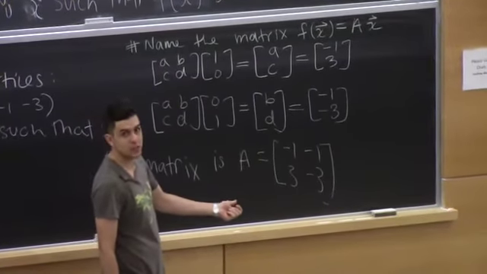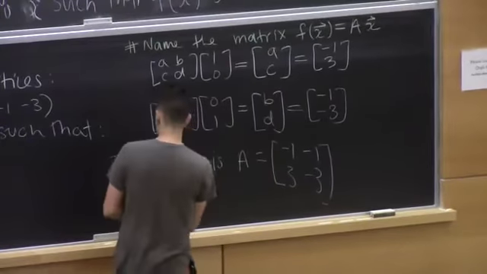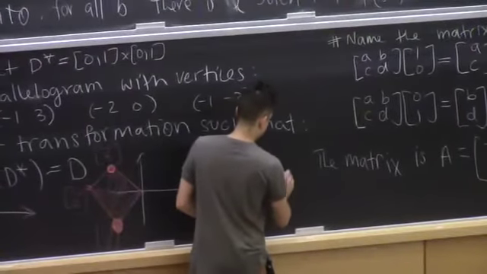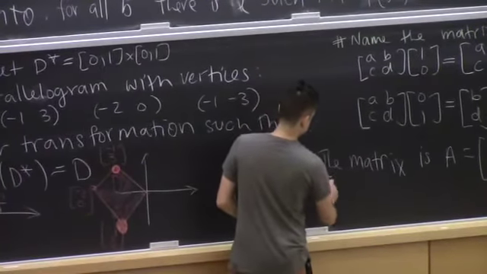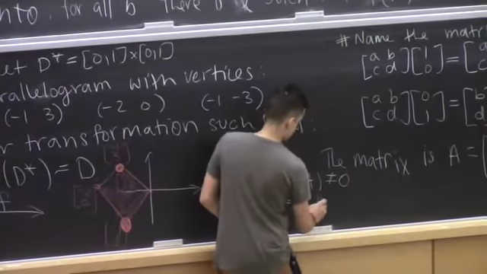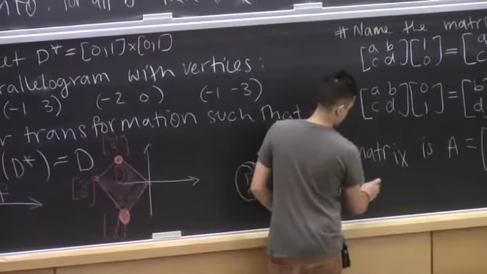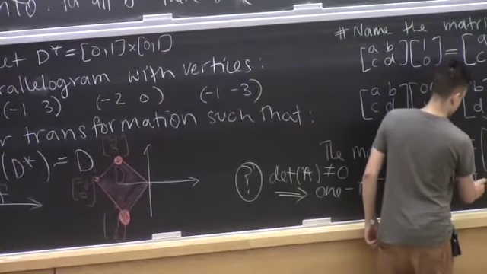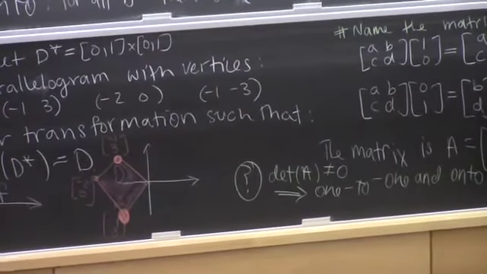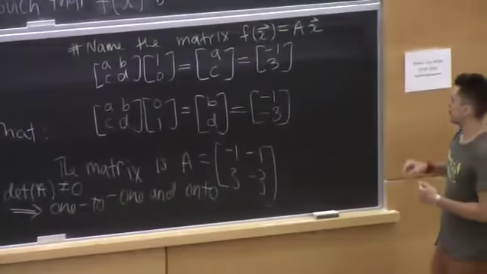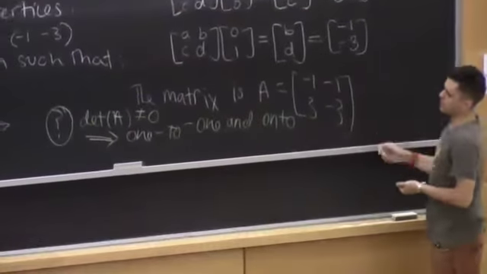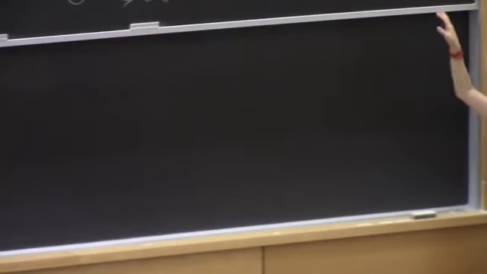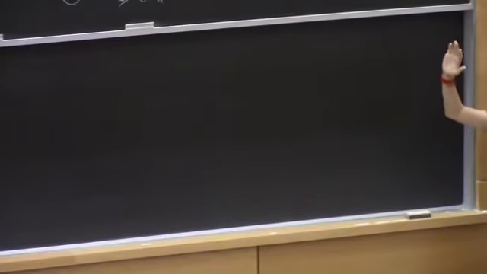So this means this is going to be 1-to-1 and onto. Okay, so our function's a pretty nice function. Before we go on, are there questions there about that algebra?